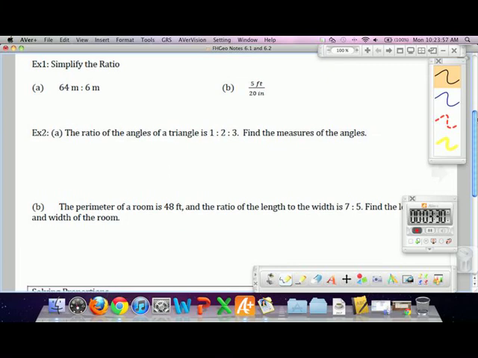If we simplify ratios, it's very similar to reducing fractions. We're going to find numbers that are common amongst both of them. So if I want to reduce the ratio 64 to 6, Greg, what's that reduced to? 32 and 3. 32 meters to 3 meters. Absolutely. This would be the most simplified form if you want to leave your answers as integers.